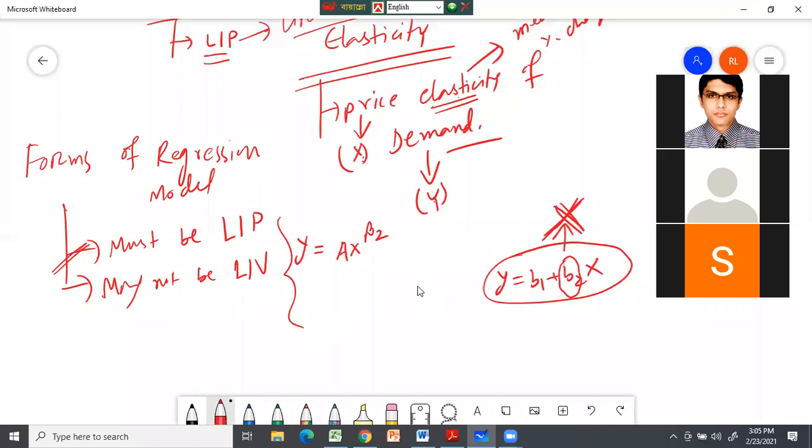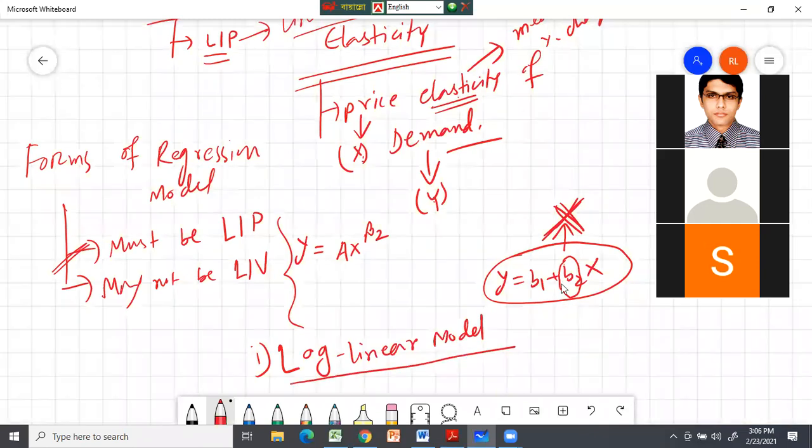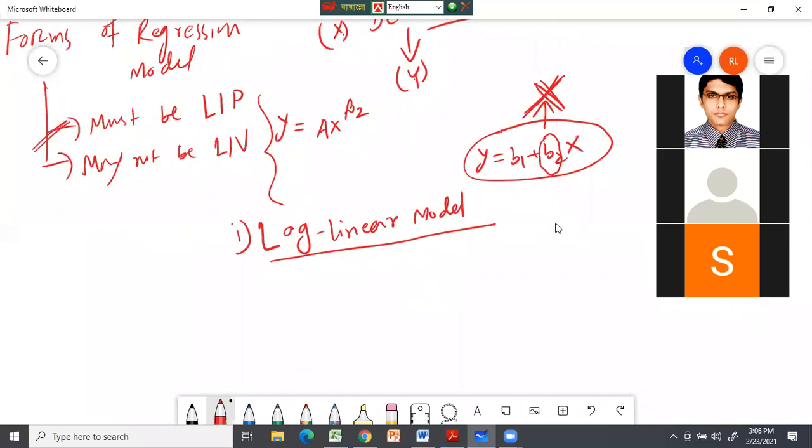So this is the first form of the regression model, which is known as the log linear model. The log linear model will incorporate the issue of elasticity.